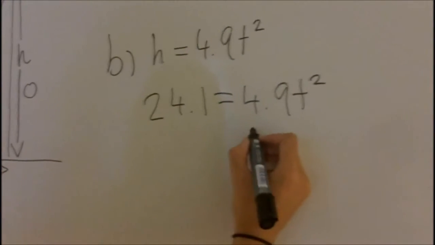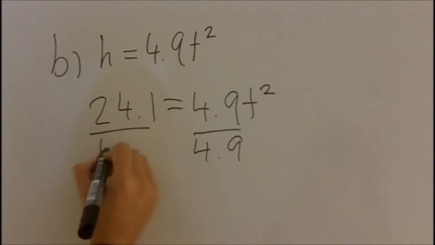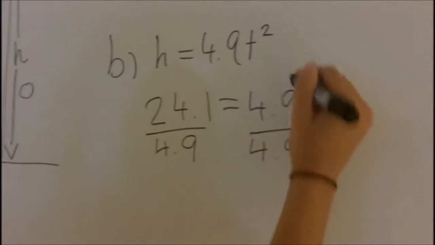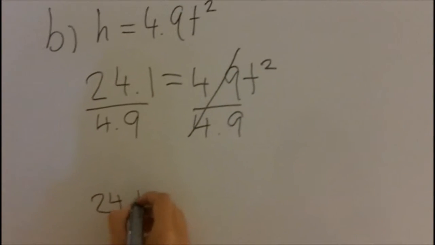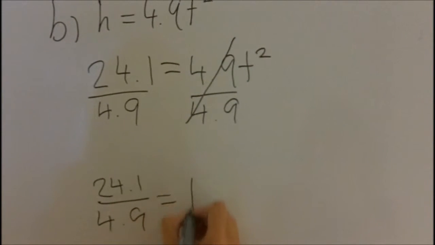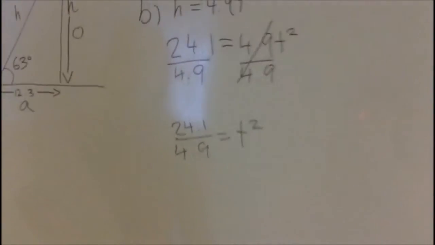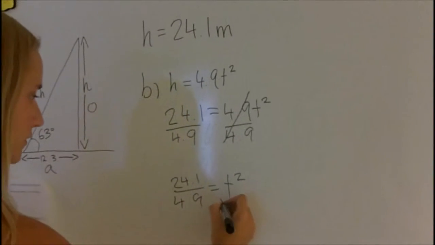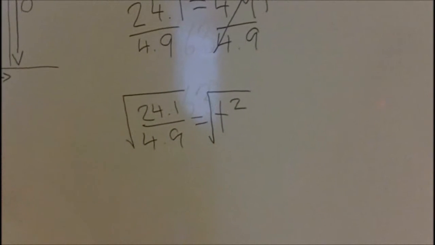So first of all, we're going to divide both sides by 4.9. Then that'll leave us with 24.1 over 4.9 equals t squared. Then to get t all by itself, we will do the square root of t squared and the square root of 24.1 over 4.9.